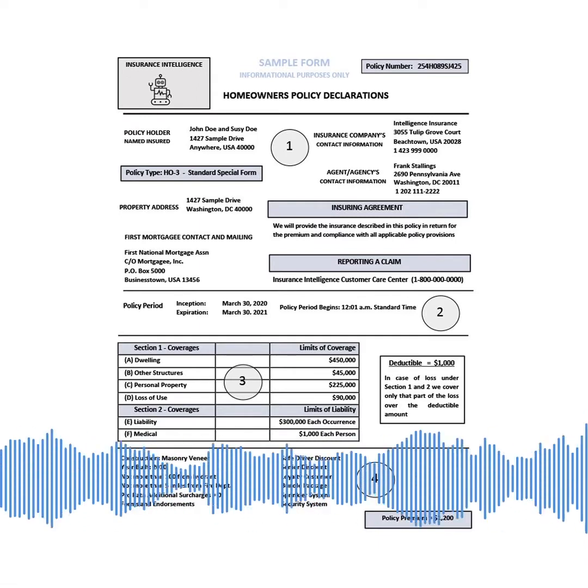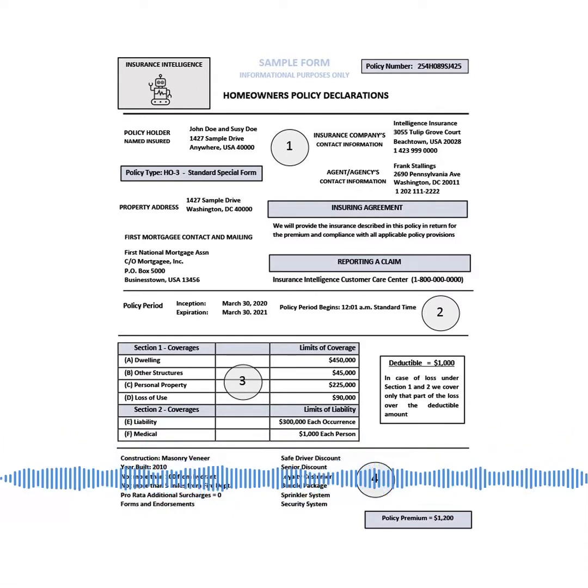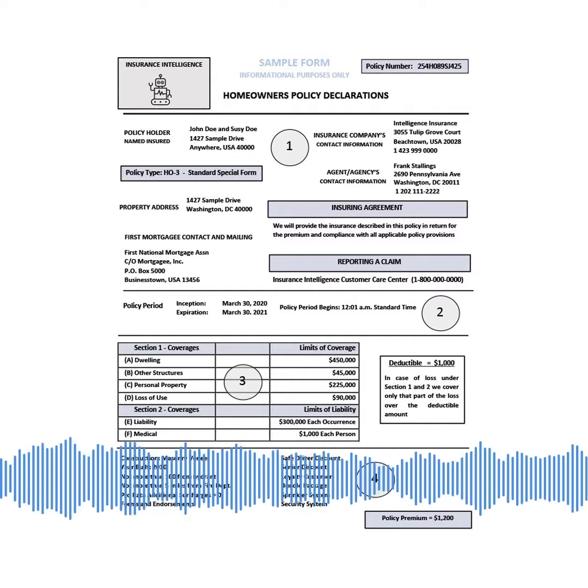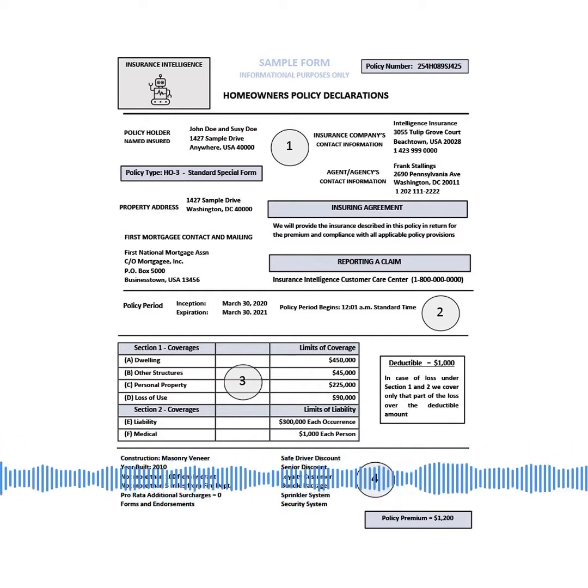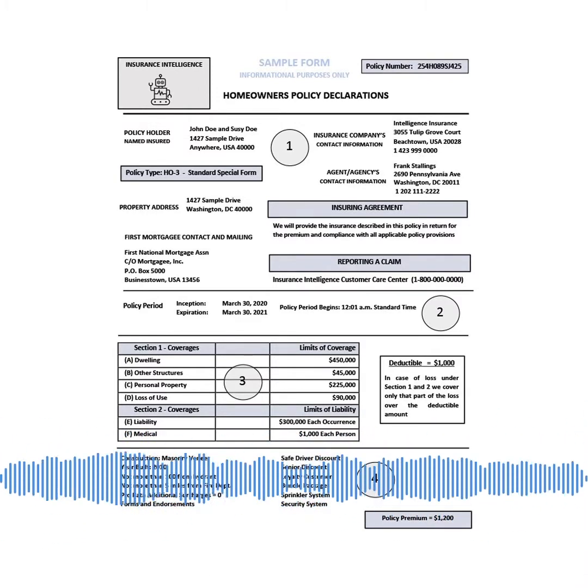Section 2, Coverage E, provides coverage and limits for personal liability. If you are sued because of an accident that happened on your property, this coverage provides you legal protection. Section 2, Coverage F, provides coverage and limits for medical payments to others.